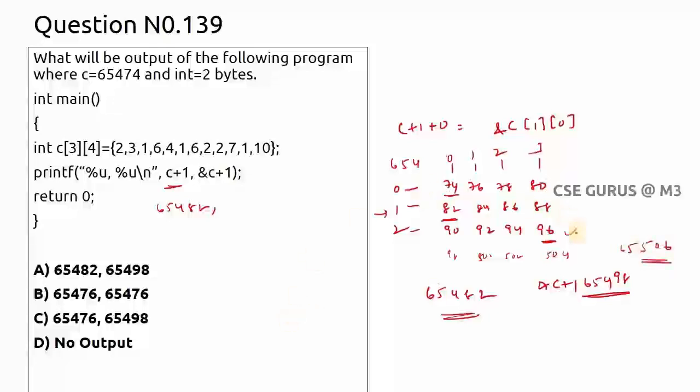But in this case, after the allocation, the last memory allocation is 96, that is 65,496. So &c+1 means the next value, and int is 2 bytes here, so 65,498 will be the address. So that's why the answer here is option A. This is the type of execution that happens when you take a two-dimensional array.